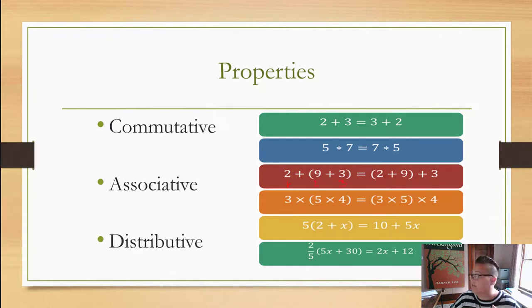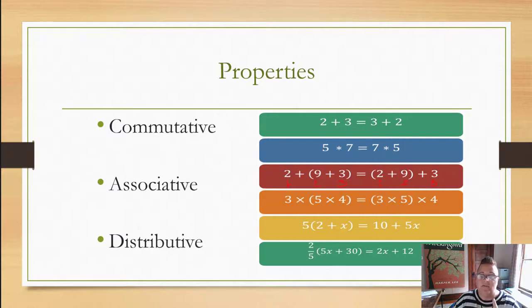On the other side of the equal sign, I still have 2 as my first number, 9 is my second number, and 3 is my third number. The order of these numbers did not change. What did change is the way that I grouped them. That 9 plus 3 is a different grouping than 2 plus 9. But the equation is the same.